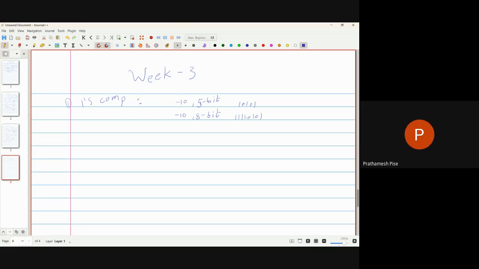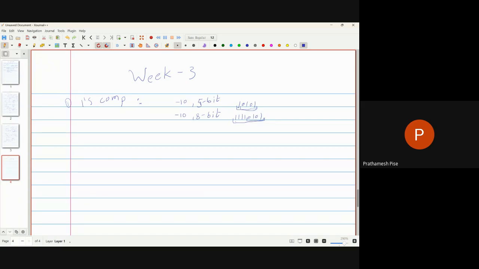Okay, yes sir. So have you seen this? It was 5 bits. This is 8 bits. How did we extend it? The sign. Here is the number that we converted to ones complement.